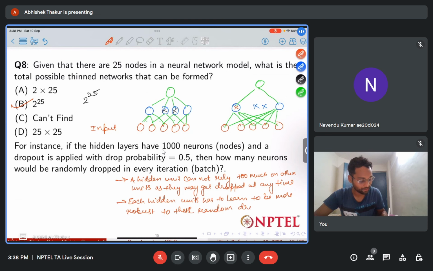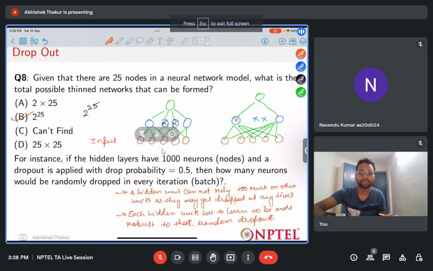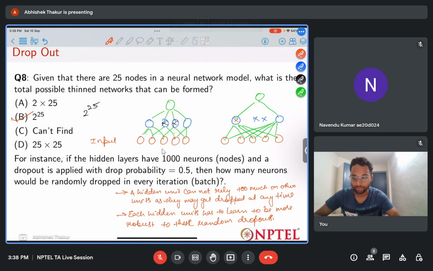So these 2 points are very important. This question is very simple, but we are discussing the basics of the dropout technique. This dropout technique can be used to reduce overfitting.